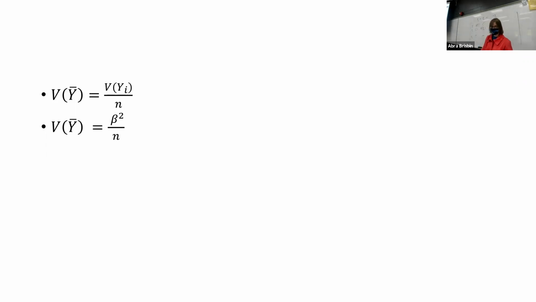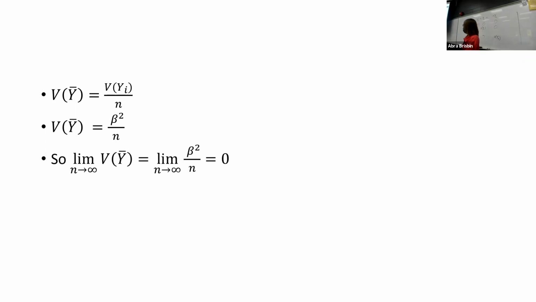So then the limit of the variance of y bar as n approaches infinity is the limit of beta squared over n as n approaches infinity.